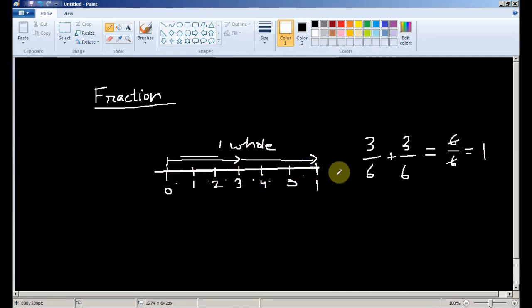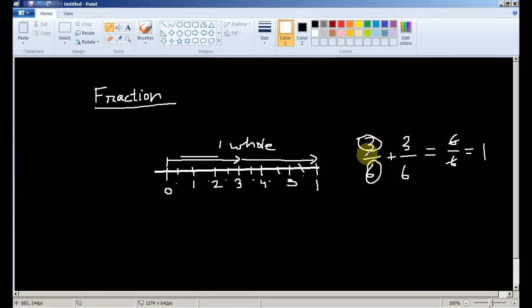Between 0 to 1 whole, you can have many subdivisions. Okay, you can divide it as many times as you want. If you divide it, that's going to be added here in the denominator, and how much you count, how much you have taken, or what line you have drawn, will go here in the numerator, and that is going to be your fraction.